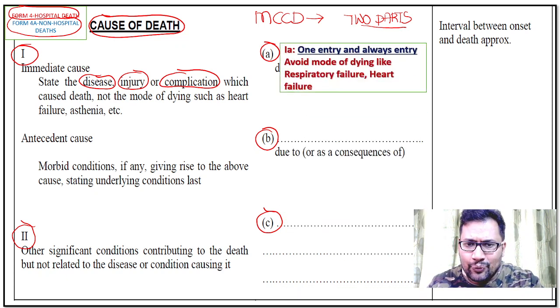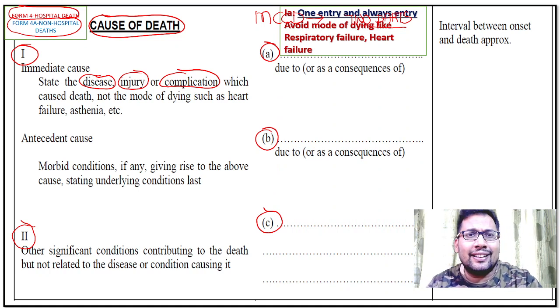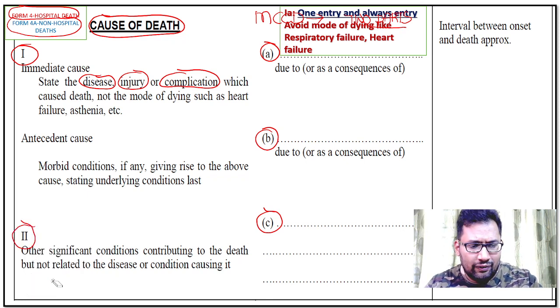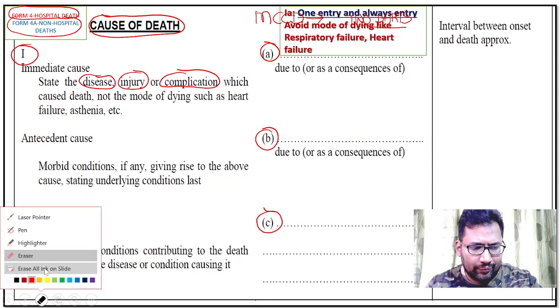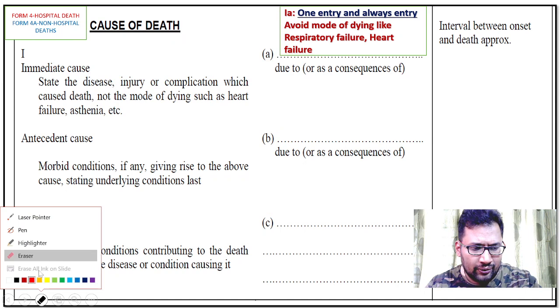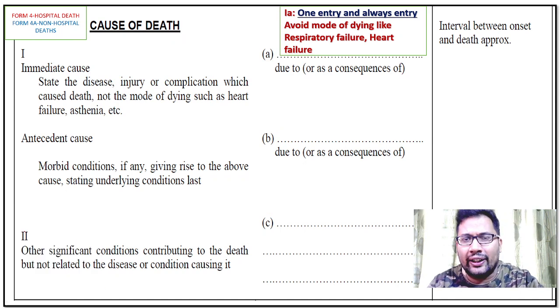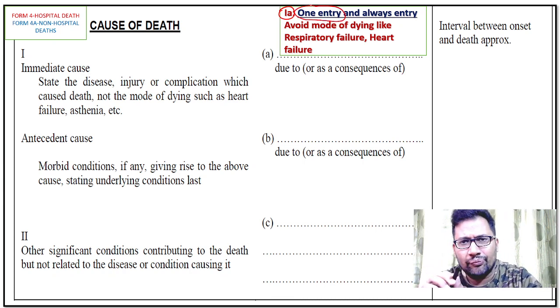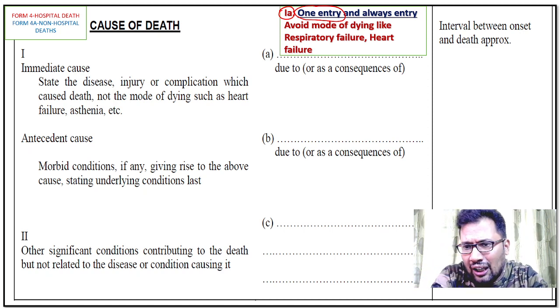So 1A, remember, there should always be an entry in 1A. There should be one entry, not multiple entries, only one entry, which leads to the immediate cause of death.